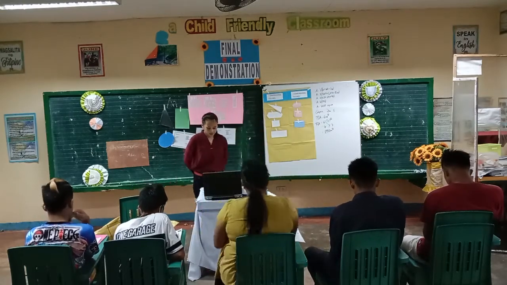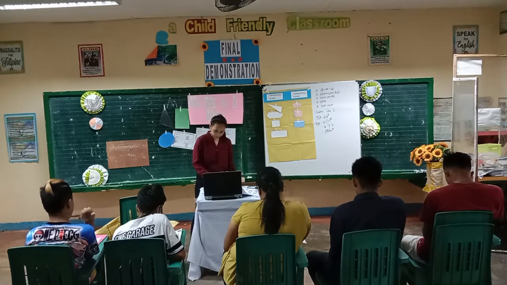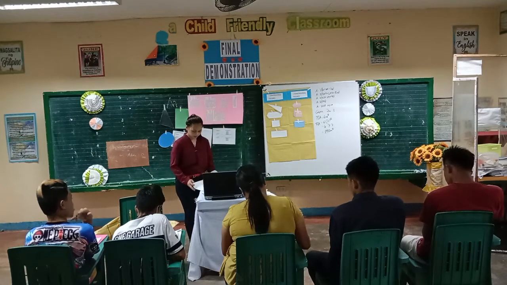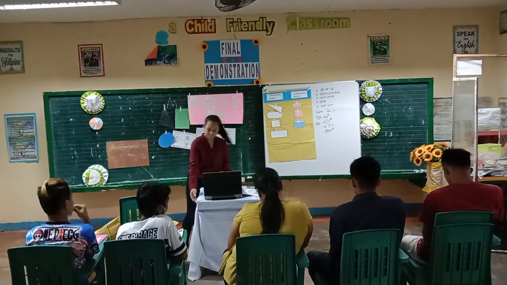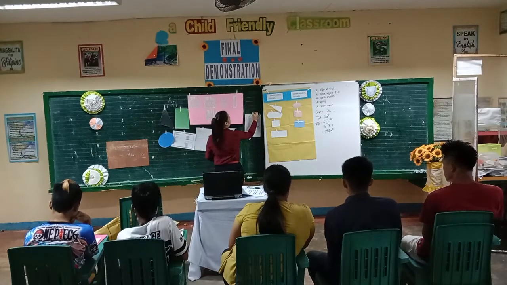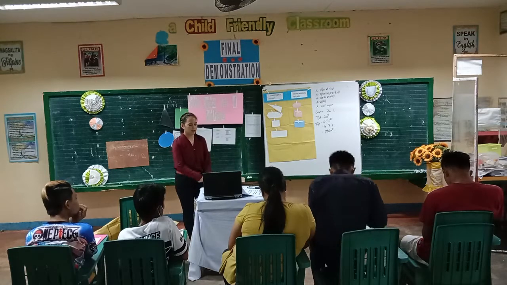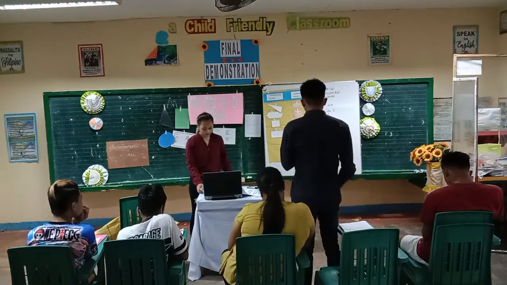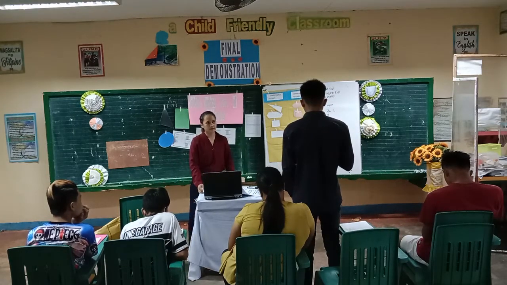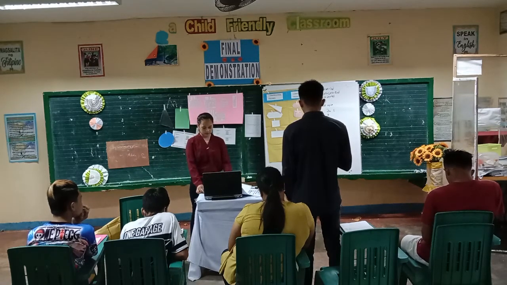Next, we will find the surface area of a sphere. Please read the definition. A sphere is a perfectly round and symmetrical solid figure. It has no edges and vertices. It is a curved surface of points that are all the same distance from the center.